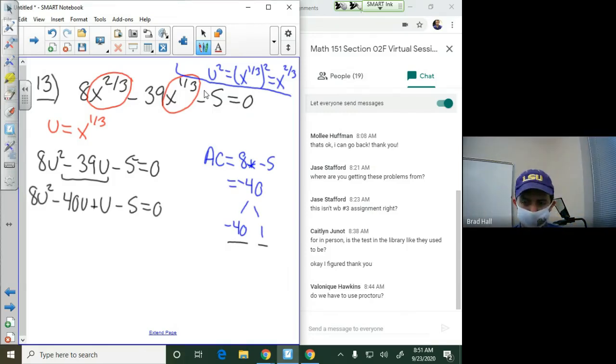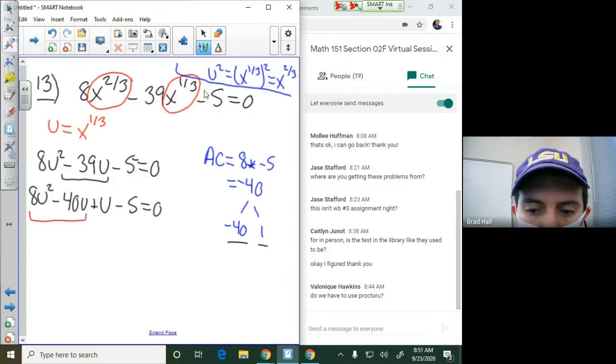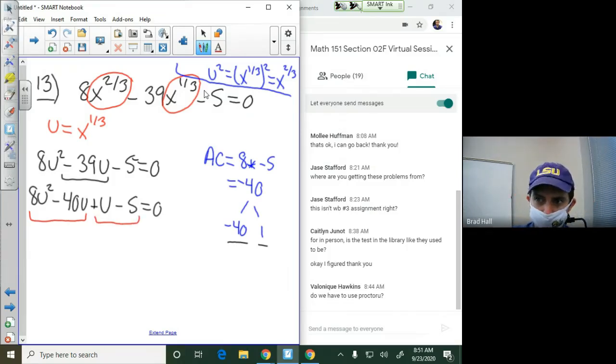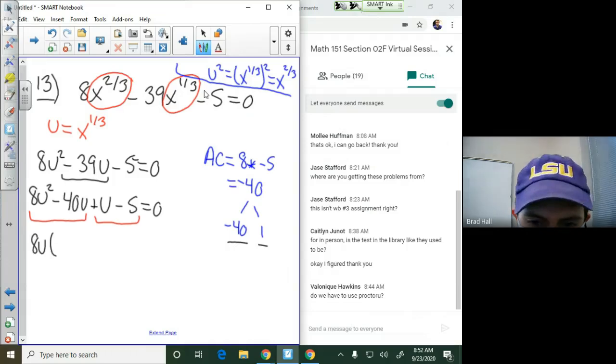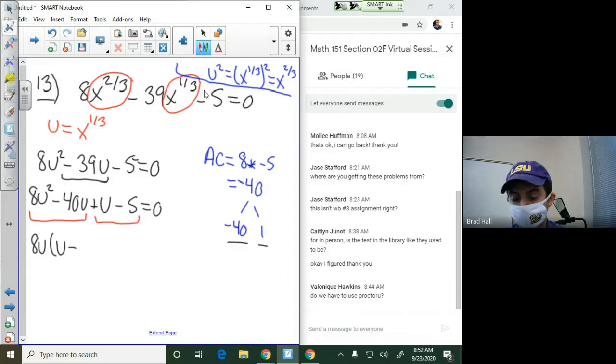And with the AC method, now we have 4 terms. You factor by grouping. So here's a group, here's a group. The first one, they have 8u in common. You can take out an 8 and a u. So then you are left with a single u. 40 divided by 8, that's 5.